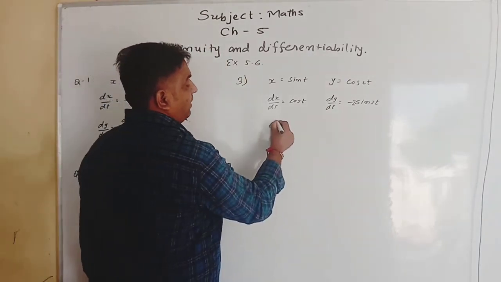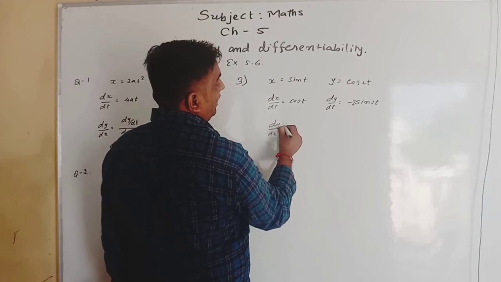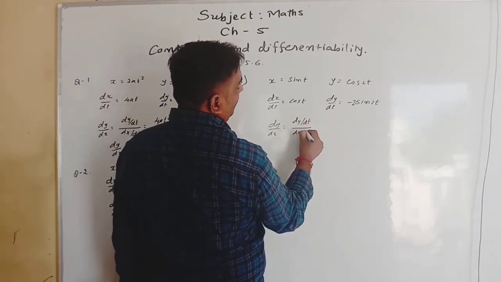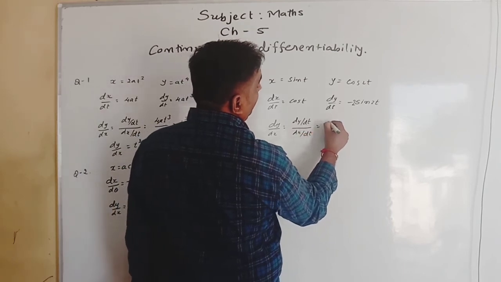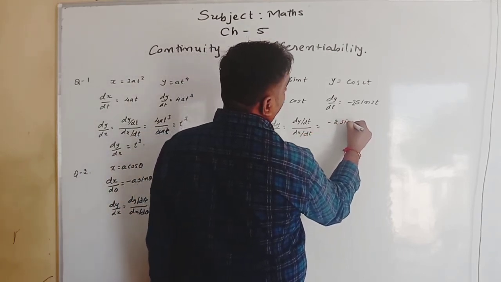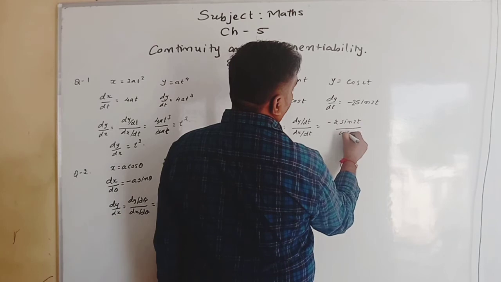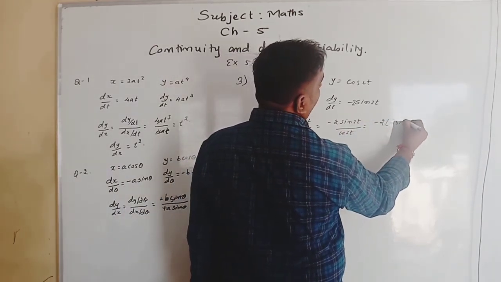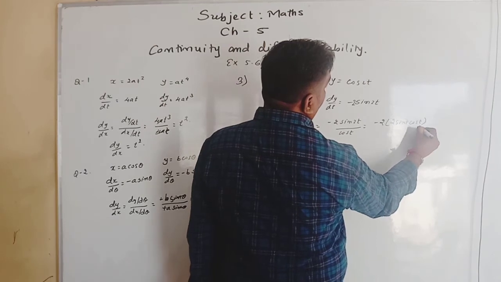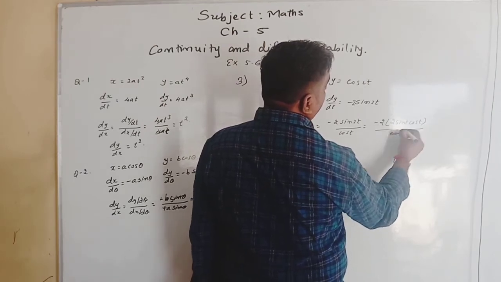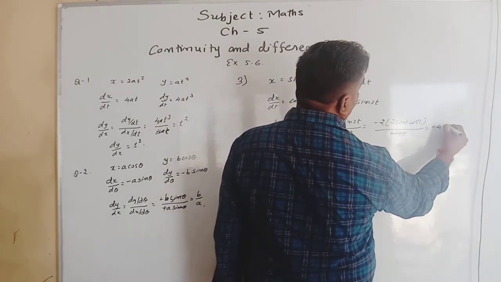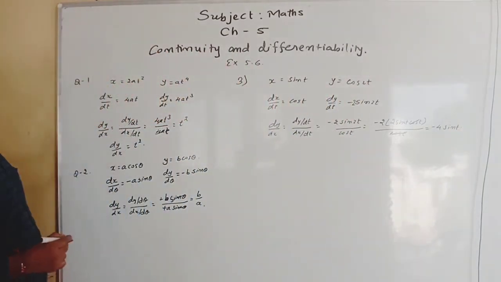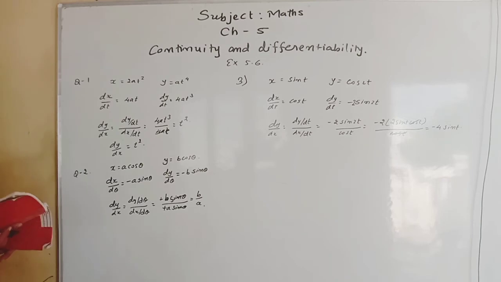Now dy by dx equals to, we know that dy by dt upon dx by dt. So here minus 2 sin 2t upon cos t. So sin 2t formula we know that 2 sin t cos t upon cos t. So cos t cancel, minus 2 sin t. And so dy by dx equals to minus 2 sin t.